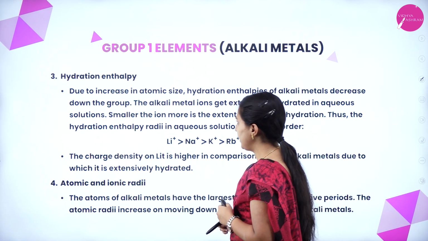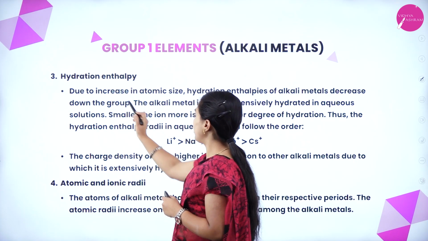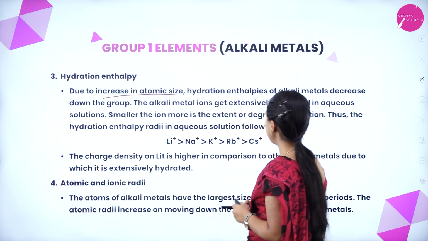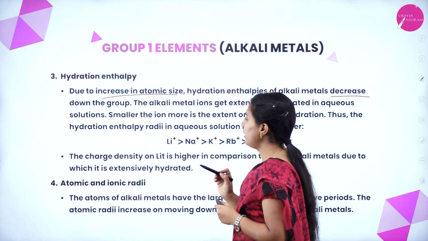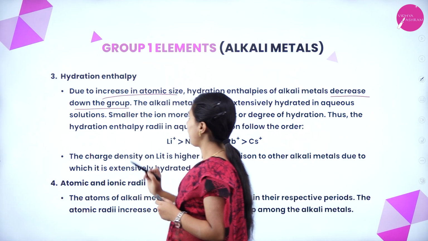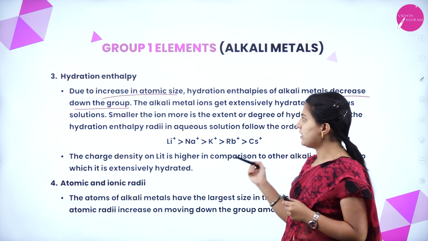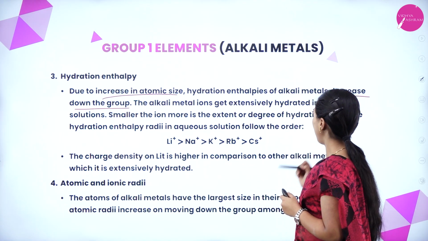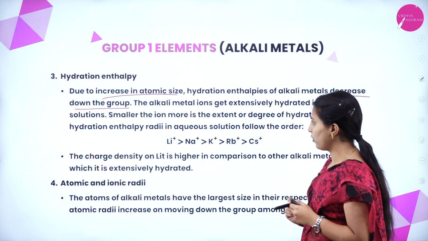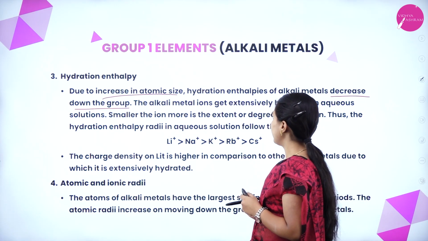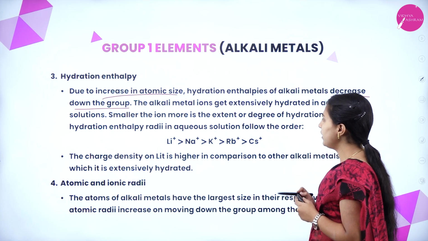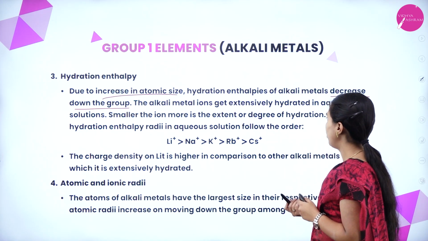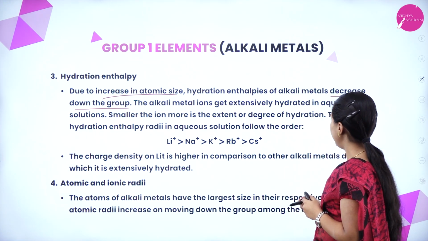Next, hydration enthalpy. Due to the increase in atomic size, hydration enthalpies of alkali metals decrease down the group. The alkali metal ions get extensively hydrated in aqueous solutions. The smaller the ion, the greater the extent or degree of hydration.